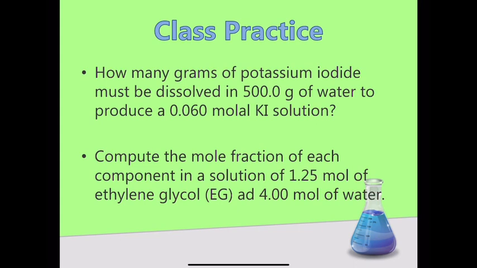How many grams of potassium iodide must be dissolved in 500 grams of water in order to produce a 0.060 molal KI solution? So we have 500 grams of water. In our KI solution, if it's 0.060, that means we have 0.060 moles of KI per 1,000 grams.